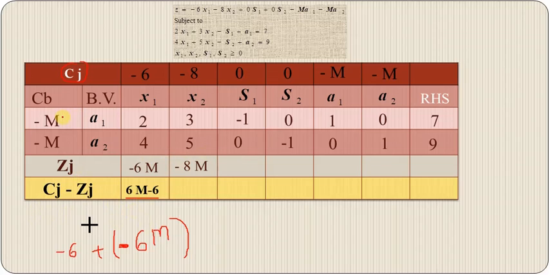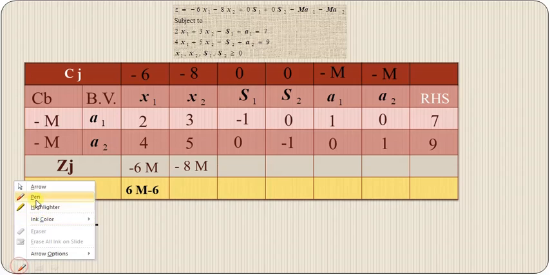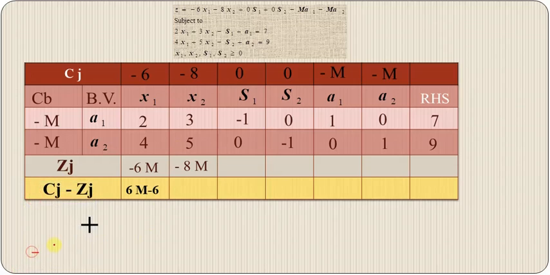Similarly, for the next, we can say -M into 3 plus -M into 5, so you will get -8M. Then you can write here minus 8, minus in bracket minus 8M. So you will get 8M minus 8. That's why I can write here 8M minus 8.